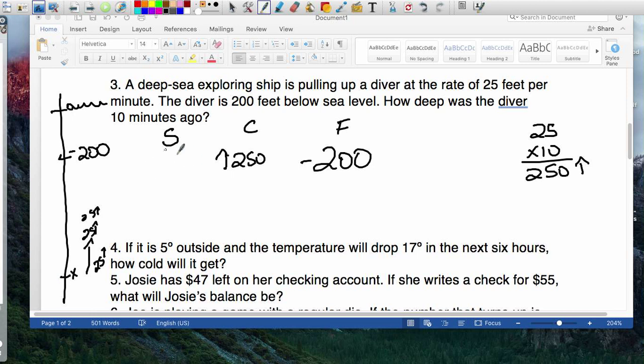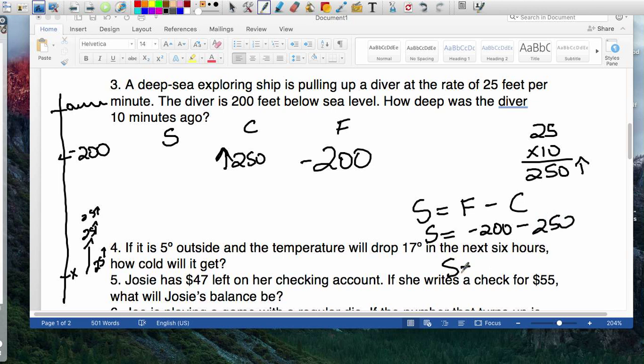So to find the start, how do we use the start? And again, if you look at your notes, you notice that to find the start, you're going to do the final. Take that out of the final minus the change, right? So the start is going to be the final, which is -200, minus 250.